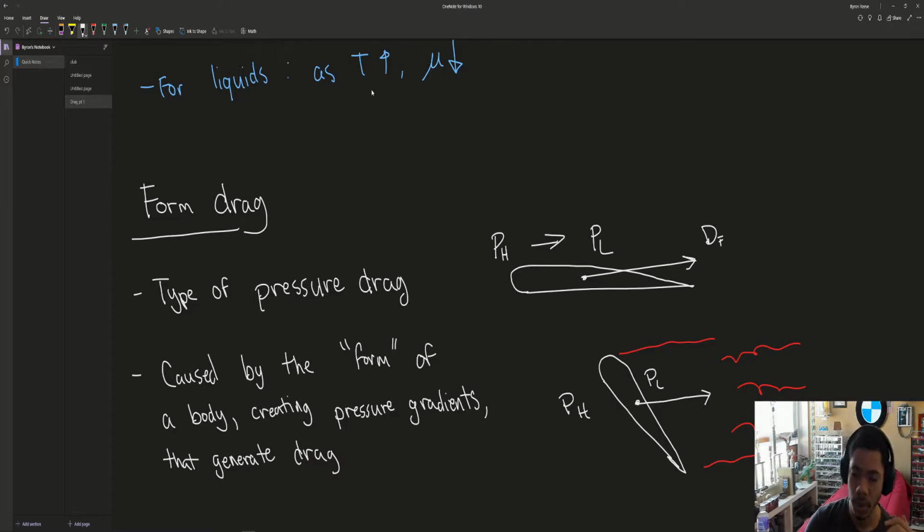Because it is separated and turbulent, this also adds to increased drag. We already talked about how the turbulent region will add to skin friction, but if it's completely separated, the pressure there is still going to be lower than that in the front. So no matter what happens here, you're going to have this form drag pushing back against you.